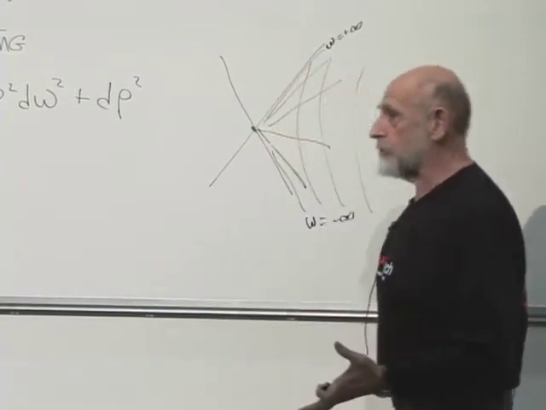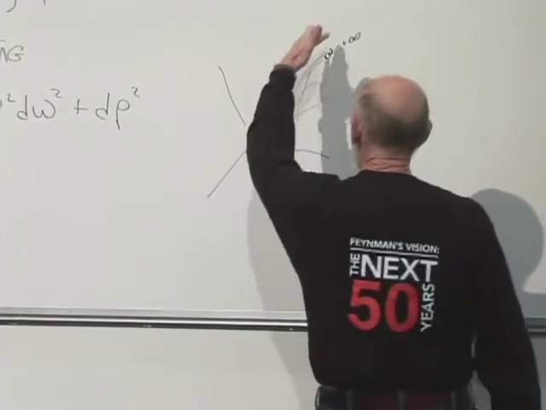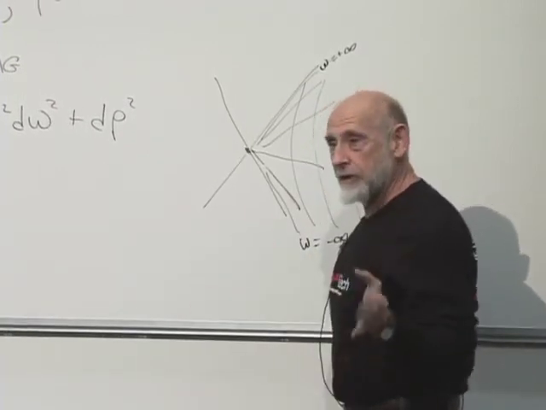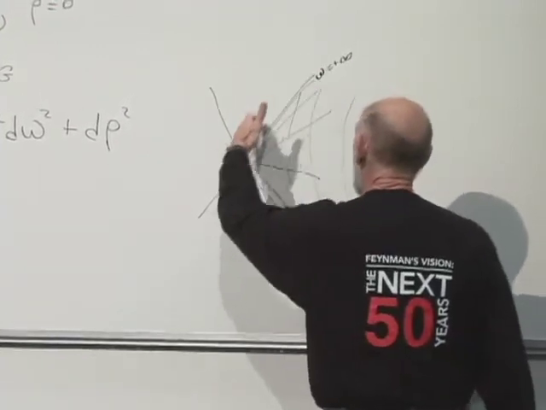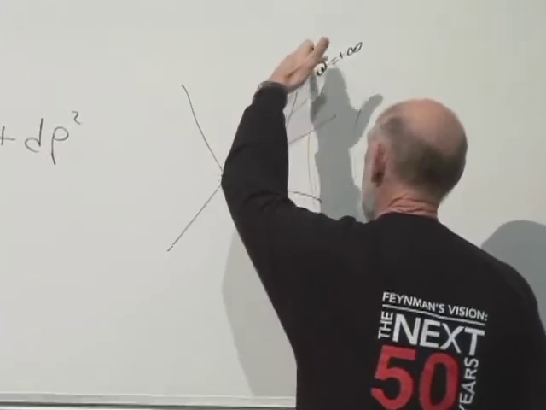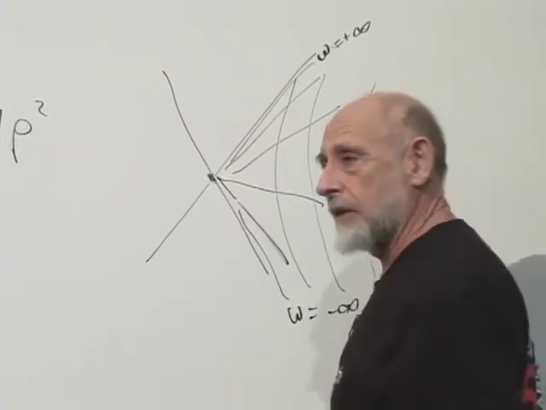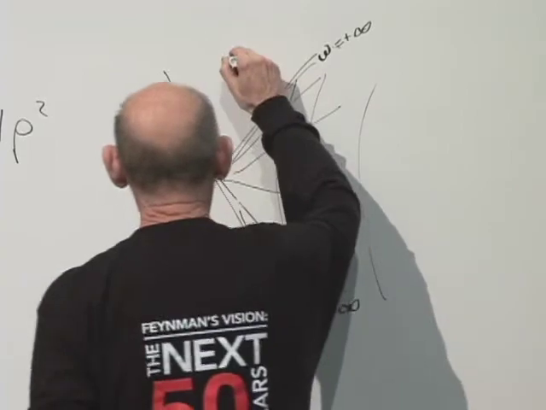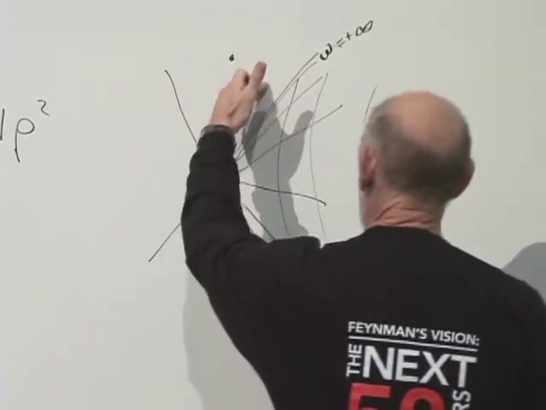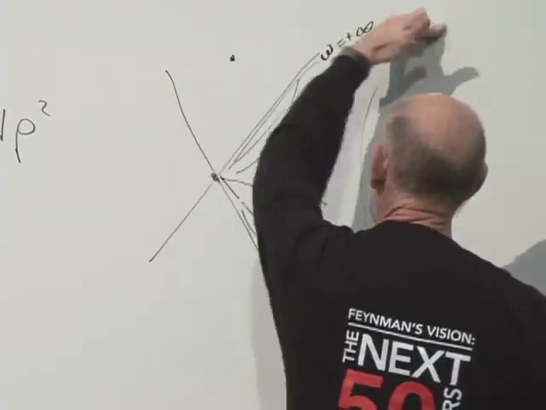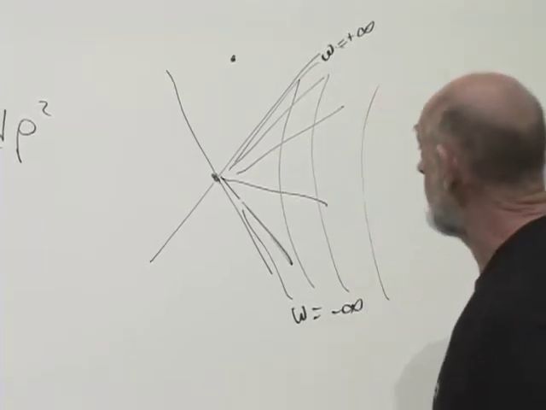But there's another notion of horizon. The other notion of horizon is a more physically interesting one. It's this whole light-like surface here. Why is that interesting? Well, if somebody gets stuck behind that light-like surface, they cannot send a message to the outside.